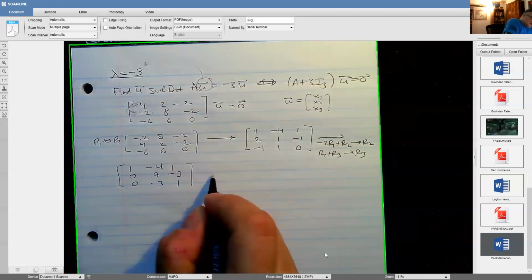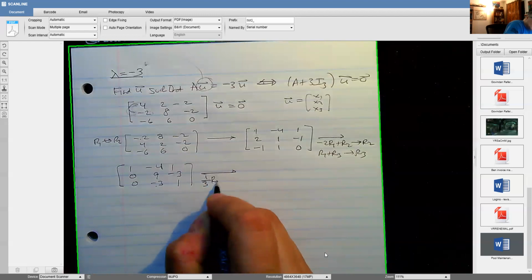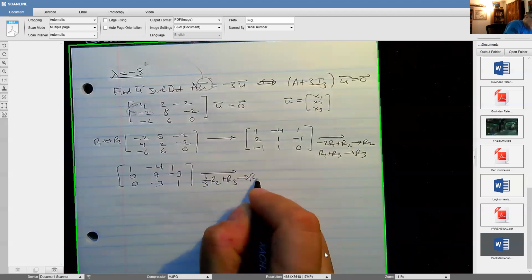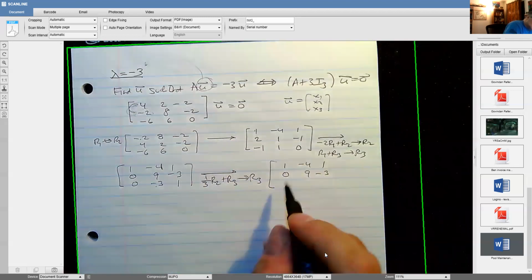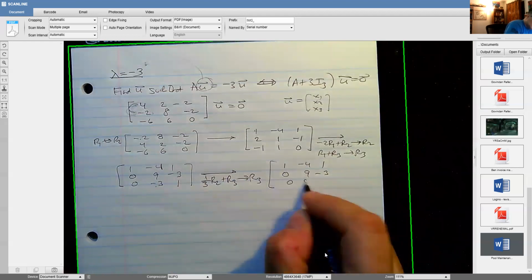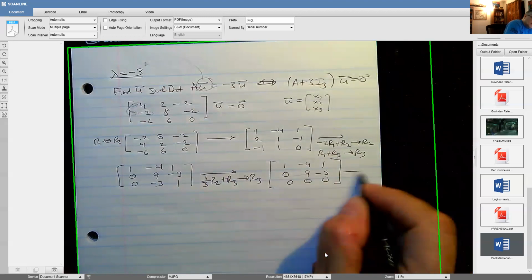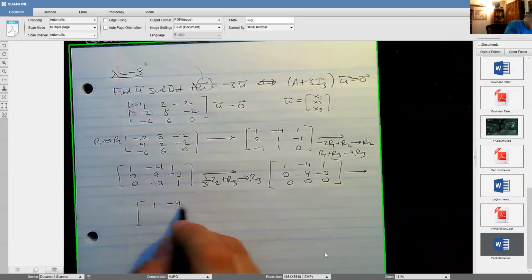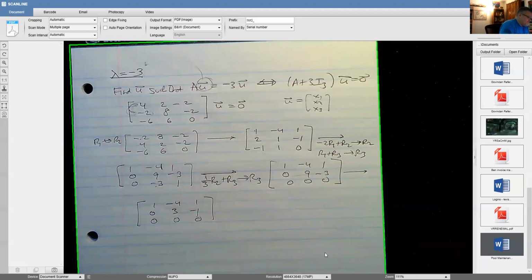All right. Well, now I want a 0 here. And so I'm going to multiply row 2 by 1/3, add it to row 3, and replace row 3 by it. So this stays as it is, and then 1/3 of that plus row 3, I get a row of zeros. And let me just multiply row 2 by 1/3, again to simplify matters going forward. And so I have that matrix in the end.